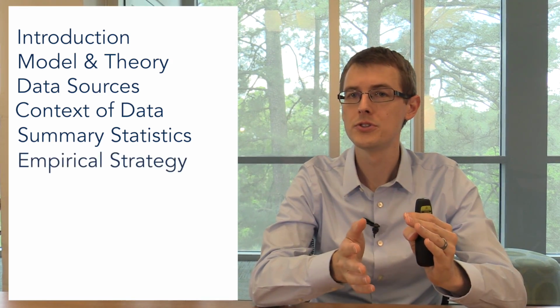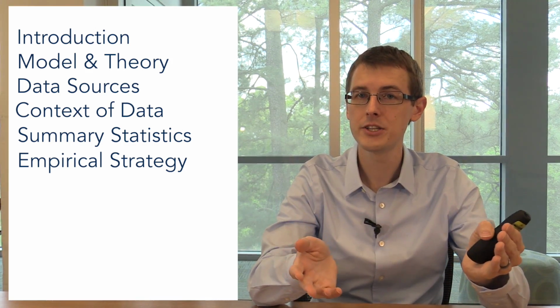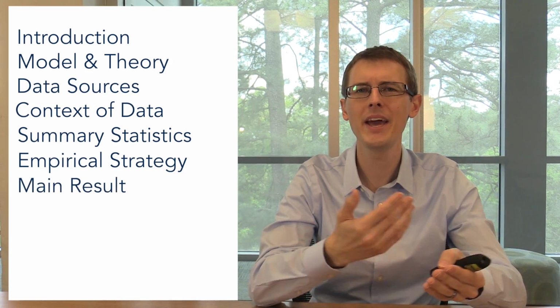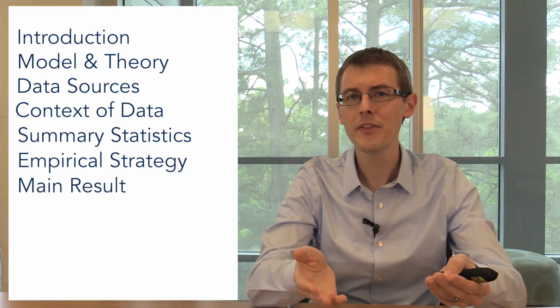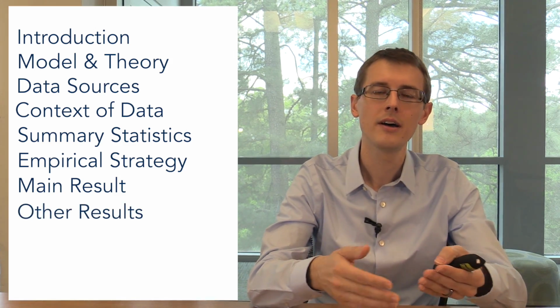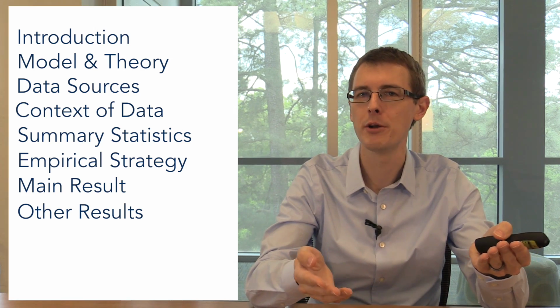Then they'll talk about the empirical strategy. What are they going to use to learn about their main effect? Which of the identification strategies we've talked about in these modules will they use? Then their main result. What's the main finding, the main takeaway from the data and their analysis? After that, they'll give you some other results, stuff that's not as important or interesting as the main result, but still worth writing up and talking about.